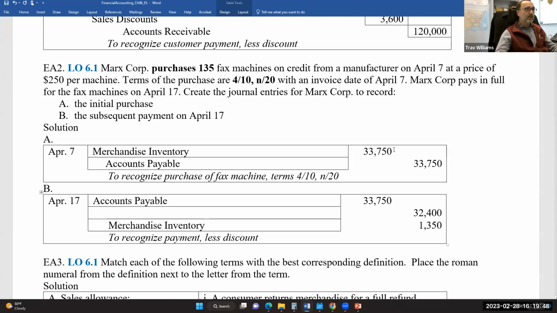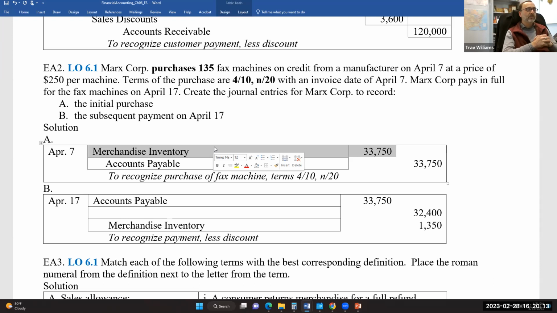So this is what we would have paid if we didn't pay on time. And of course, you never know for sure. If you're going to pay later, you never know for sure that you're actually going to pay on time, right? You hope so, or maybe not. Maybe you plan to pay late. But if you're given a specific discount window, how do you know for sure you're going to pay within that window?